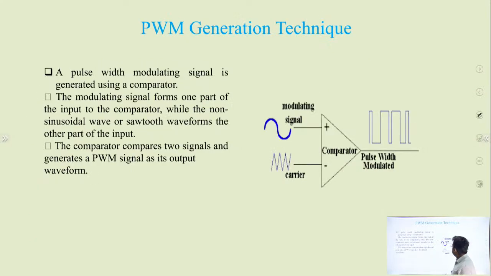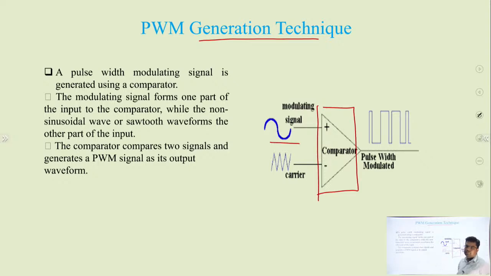For the PWM generation technique, we use a comparator. We can very easily generate it either in a hardware module or in a software module. We compare two signals, one is a sinusoidal signal, the other one is a non-sinusoidal signal, generally a sawtooth waveform.